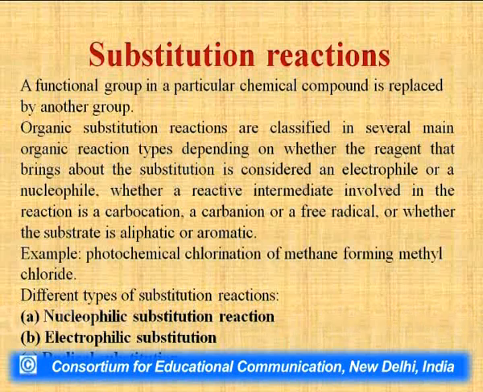So, we have different types of substitution reaction. Number 1, nucleophilic substitution reaction, in which the attacking reagent is a nucleophile. Electrophilic substitution reaction, in which the attacking reagent is an electrophile, and the third one is radical substitution, in which the attacking reagent is a radical.